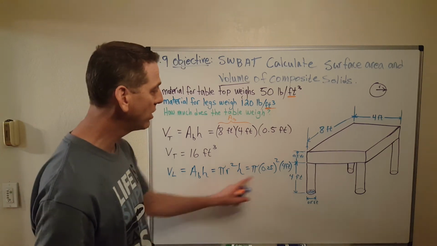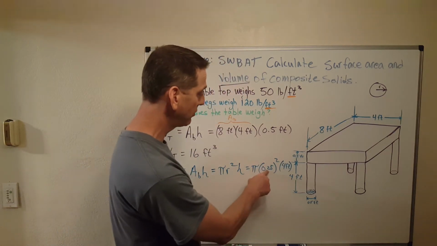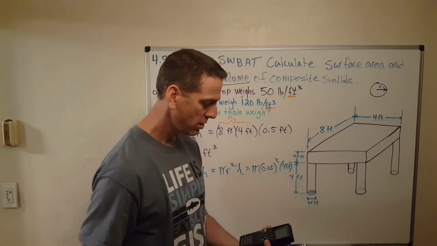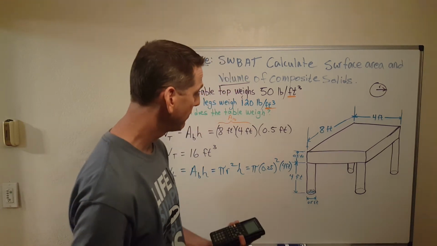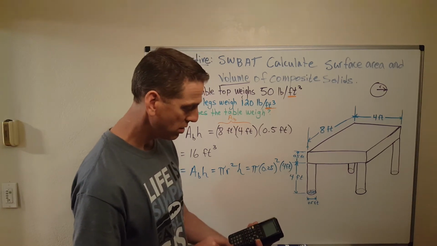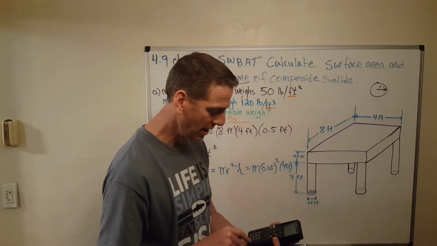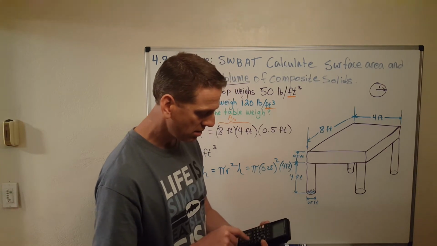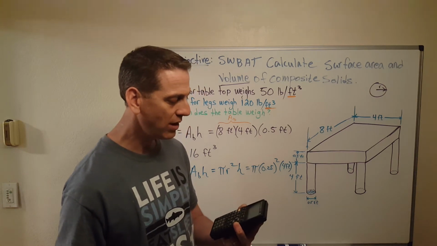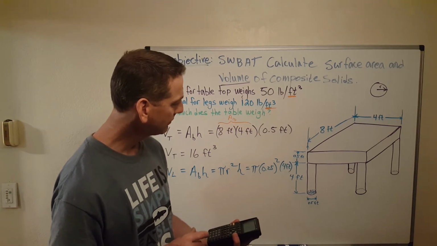Okay, so now I can crunch these numbers. Remember the order of operations. Do your exponents first. So 0.25 squared is 0.0625. I multiply that by 4 to get 0.25. And then I've got to multiply that by pi, which gives me 0.79.